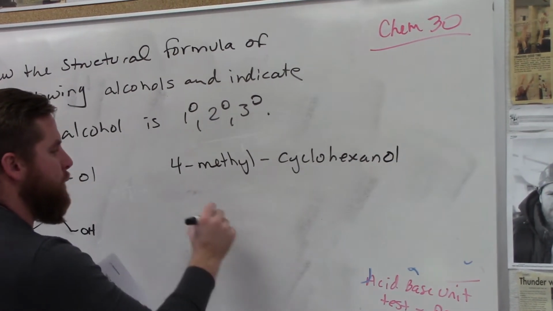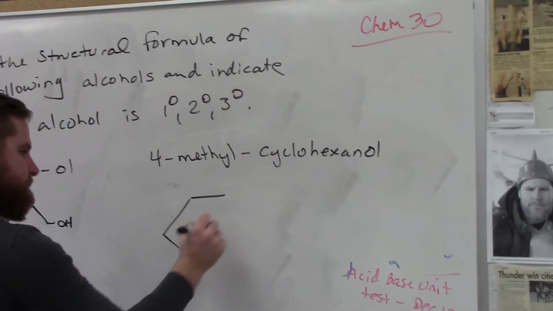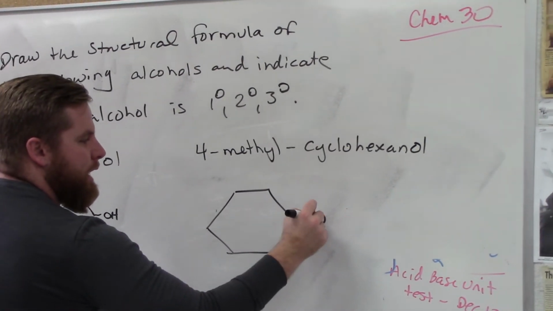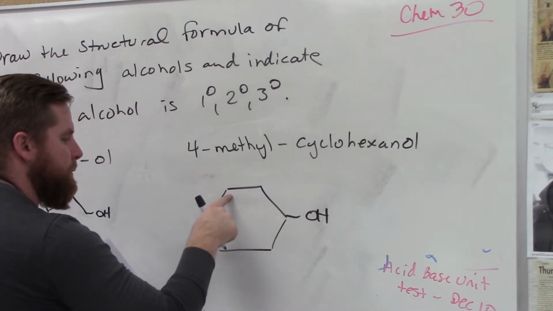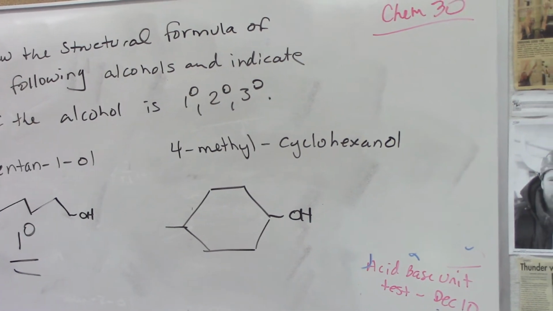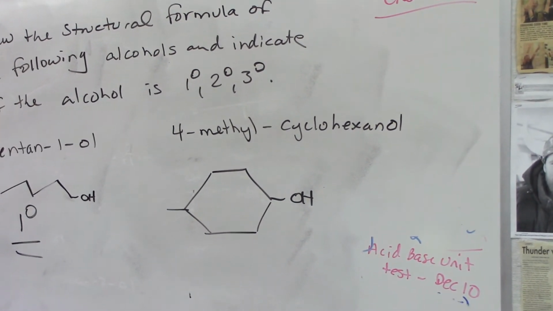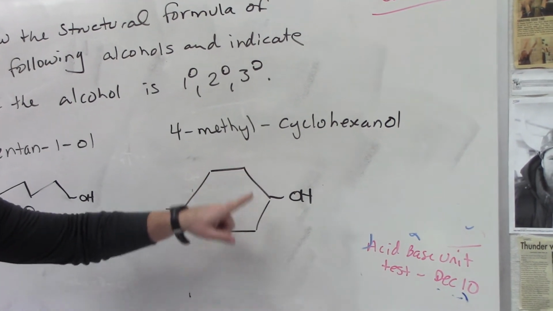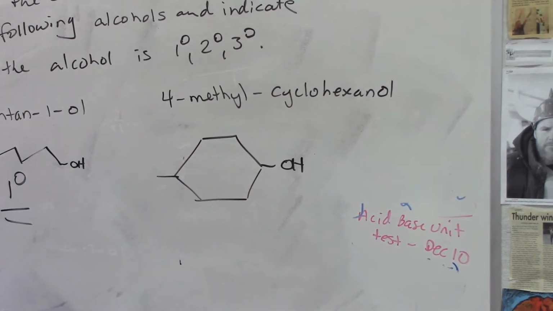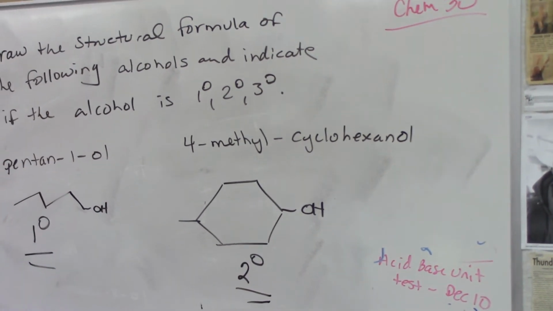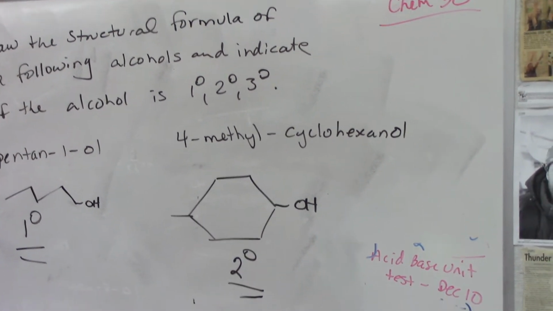So it would be hexan-1-ol. So let's say I put my hydroxide here. So I go 1, 2, 3, 4 carbons over, and there's my methyl group. Okay, so that's what that would look like. Here's the carbon that's attached to the hydroxide, and it's attached to 2 other carbons. So that's a secondary alcohol.